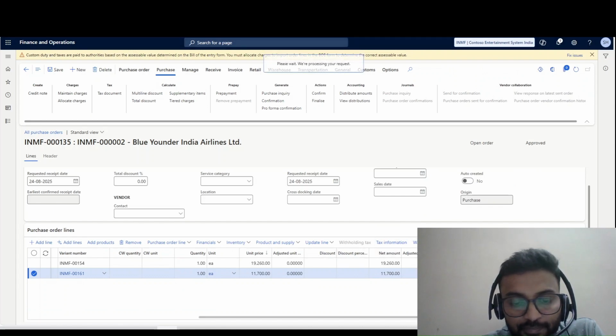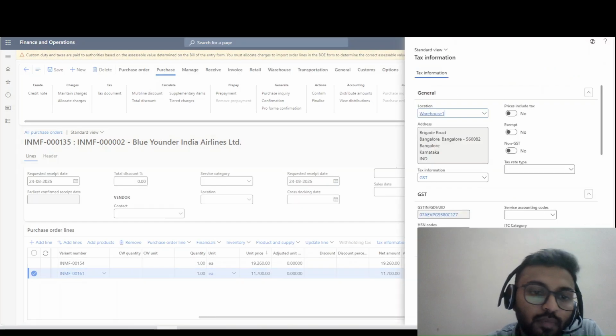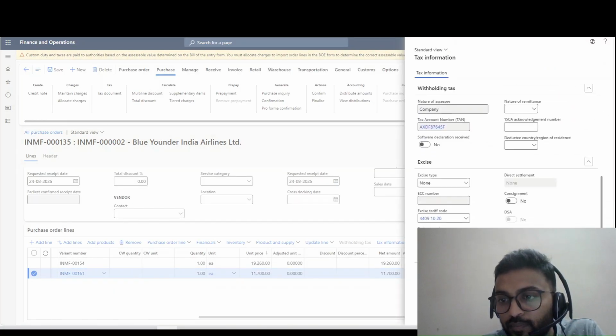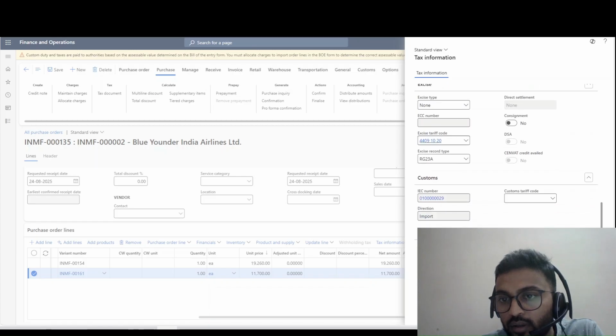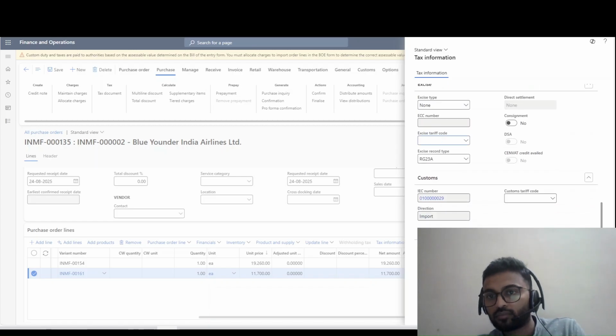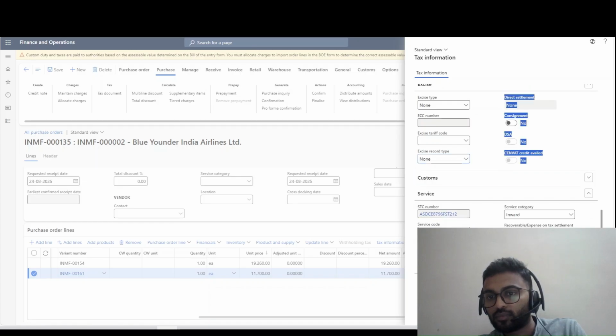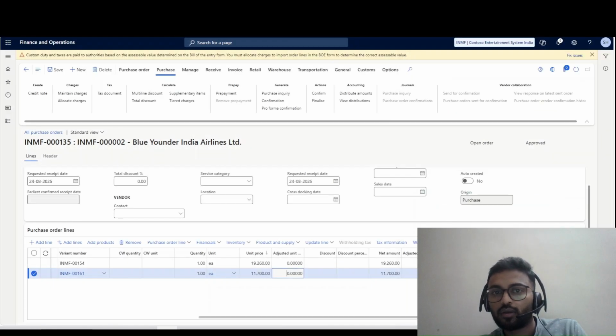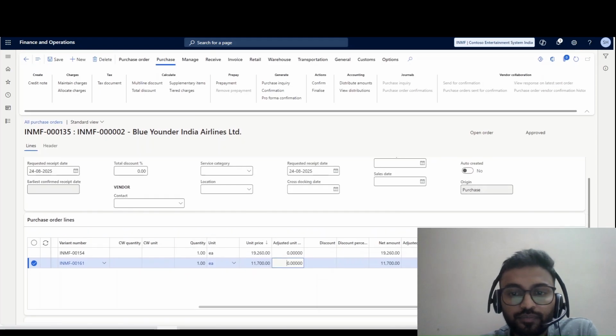Give me a second. Yeah, so my total amount is 20,000, right? And I don't want to use excise duty here, so I'm removing it.